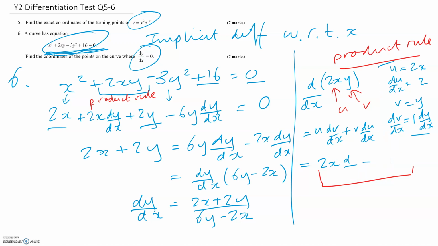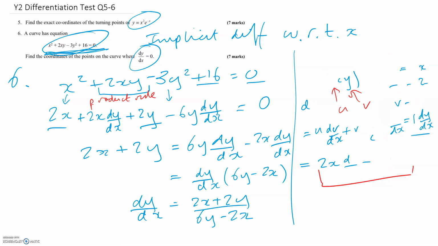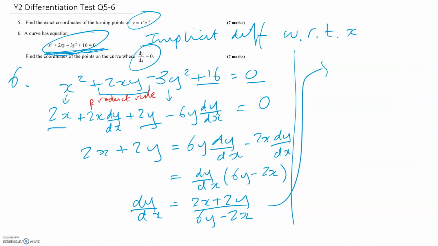Let's just clear a bit of space on the right hand side over here. Okay, so let's move that over there now. It tells us in the question that we want dy by dx equals 0. So now if we put 0 equals 2x plus 2y over 6y minus 2x.